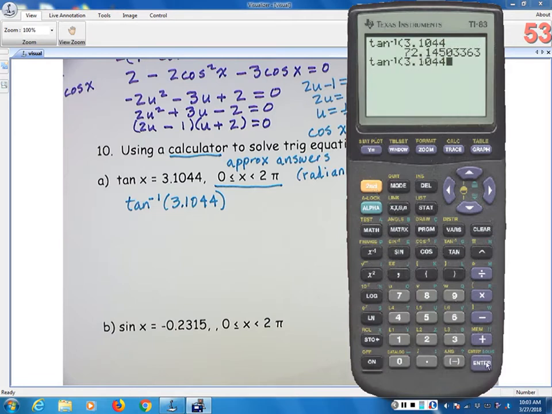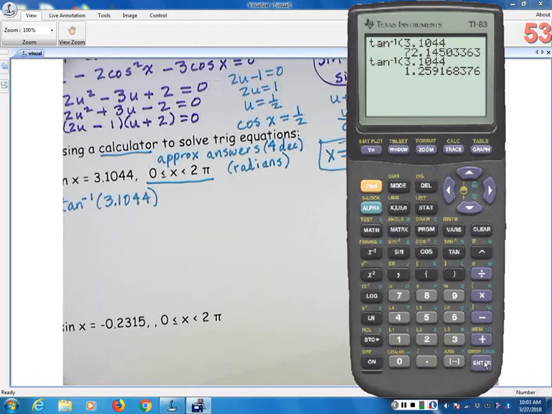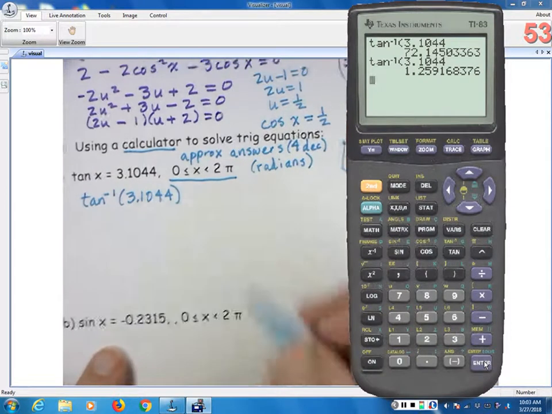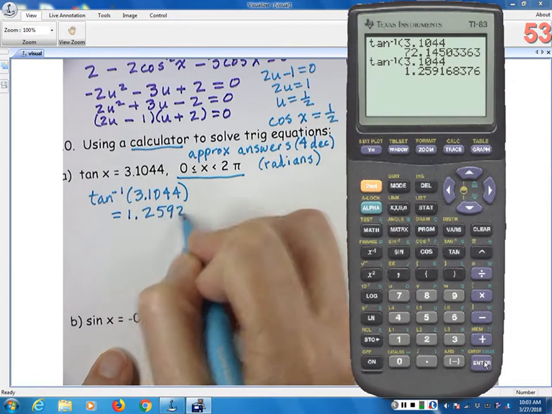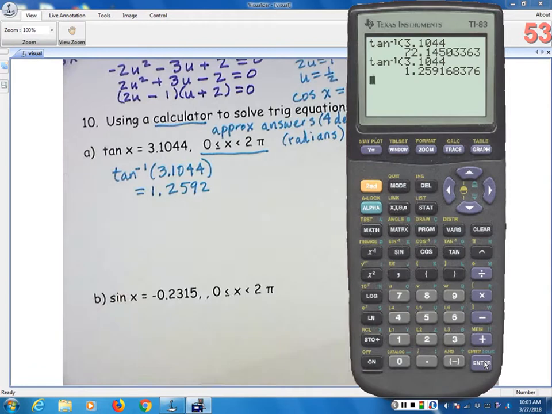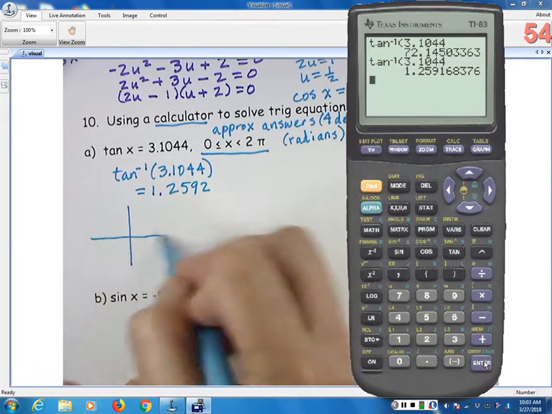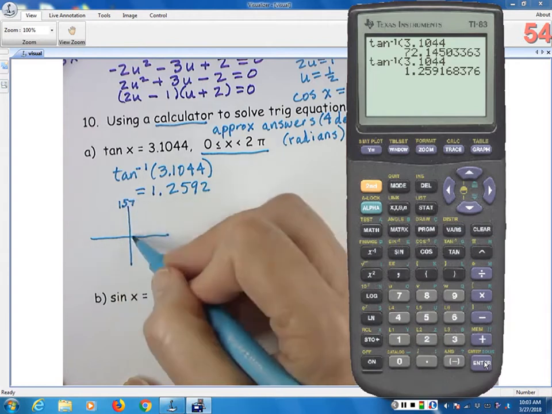Second, recall the last entry. Here we are, and I'm going to keep 4 decimal places. I'll just tell you that. So that equals 1.2592 approximately. All right, so let's draw a picture of a coordinate plane. 1.57 would be up here, so 1.2 somewhere up here.